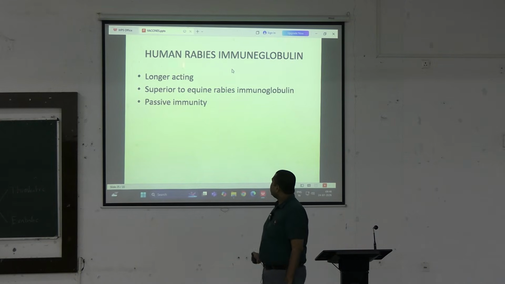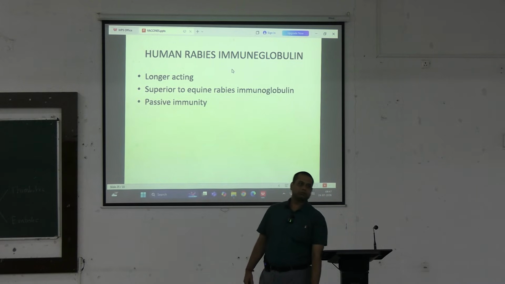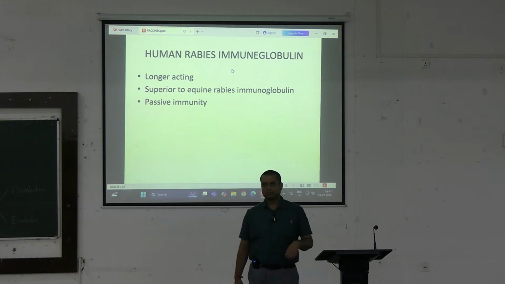So humanized rabies immunoglobulin, okay? What will be the advantage? Earlier it was immunoglobulin obtained from horse. This is humanized. What will the advantage be?